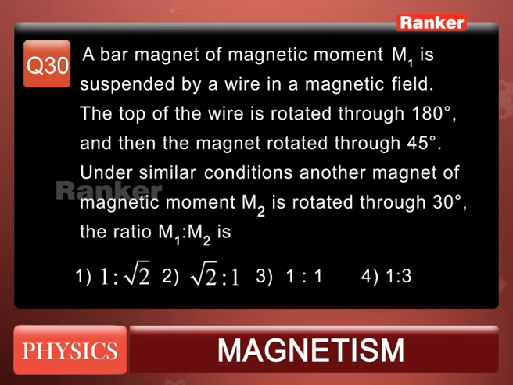Under similar conditions, another magnet of magnetic moment M2 is rotated through 30 degrees. The ratio of M1 by M2 is: the first option 1 by root 2, second option root 2 by 1, third option 1 by 1, and the fourth option 1 by 3.